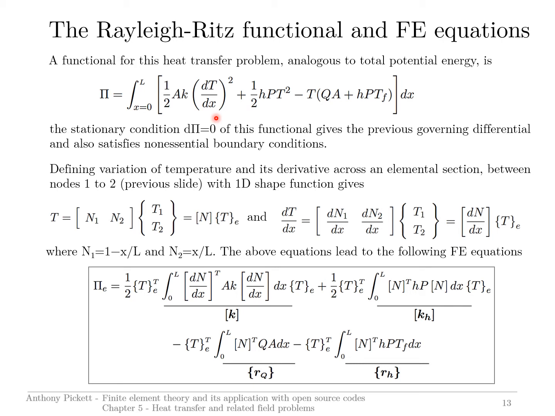So I think for now just accept that this is a valid functional for this particular element. And we can use the Rayleigh-Ritz method in order to convert this into element equations for this heat transfer.